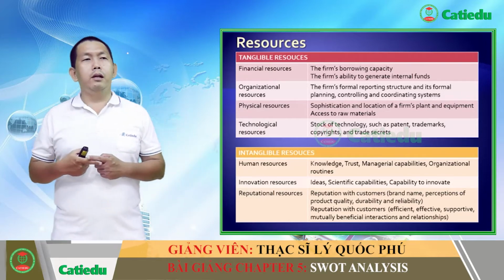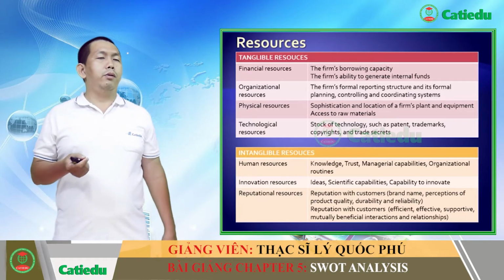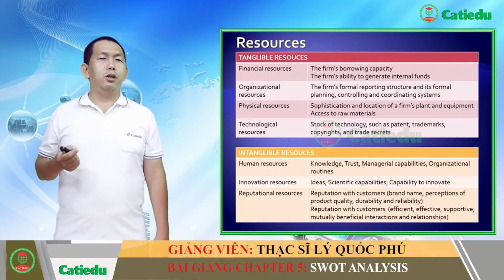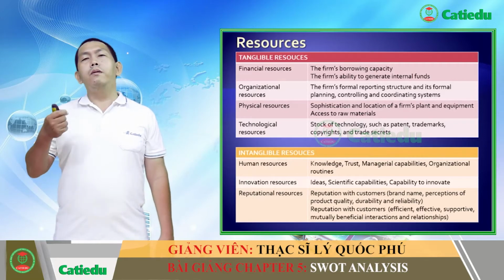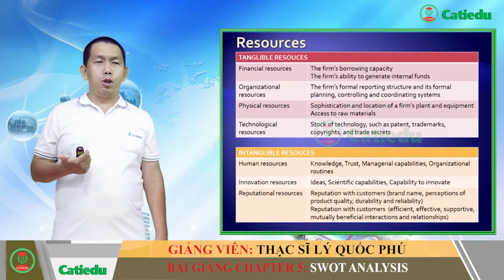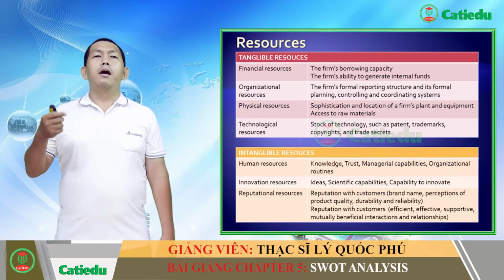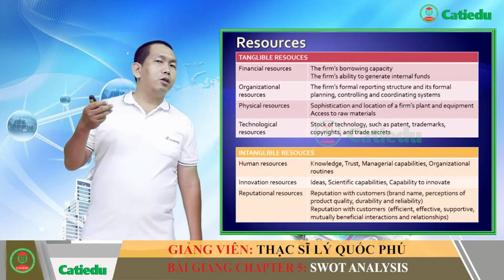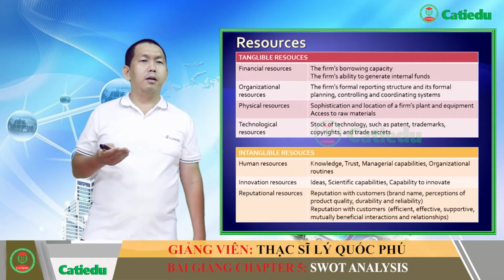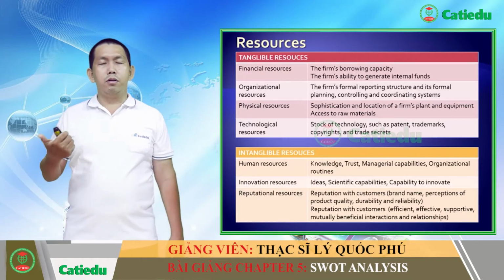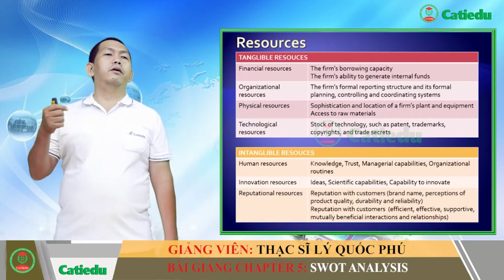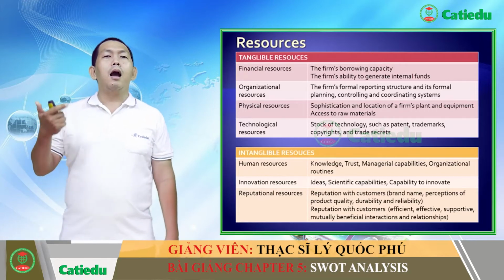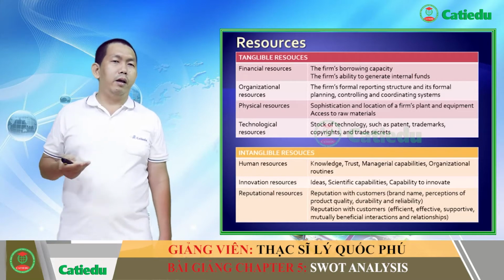Intangible resources include human resources, innovation resources, and reputational resources. Human resources are the knowledge, trust, managerial capabilities, and organizational routines. Innovation resources consist of ideas, scientific capabilities, and the capability to innovate.